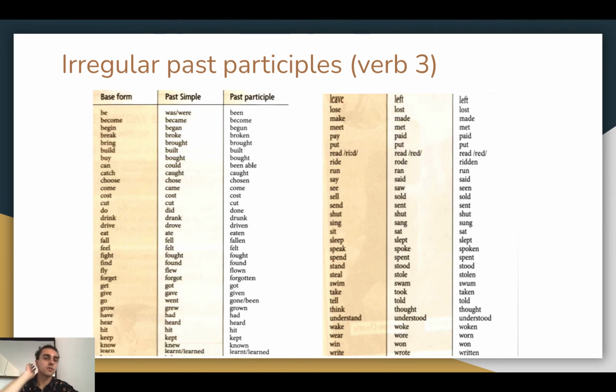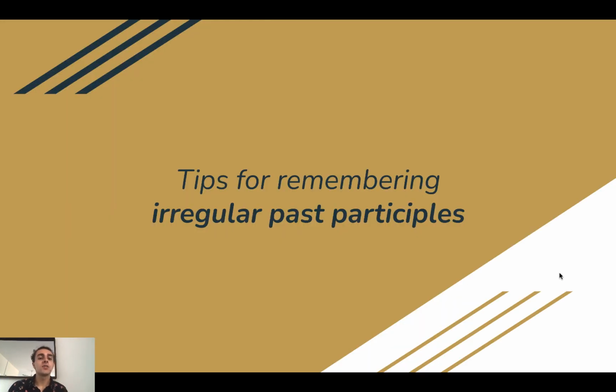These are some examples of irregular verbs with their past simple forms, which is verb 2, and past participle, which is verb 3. So I'm not going to go over all of these with you right now, but I want to give you some tips for remembering or memorizing and studying irregular past participles and irregular verbs so that they come more easily to you.